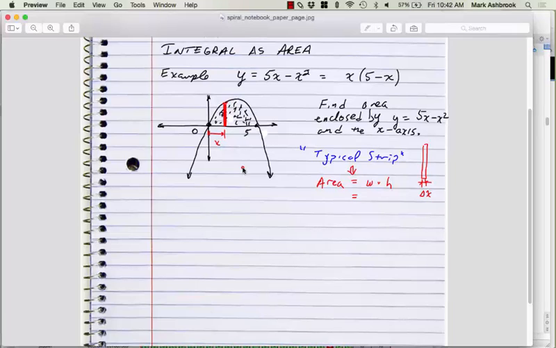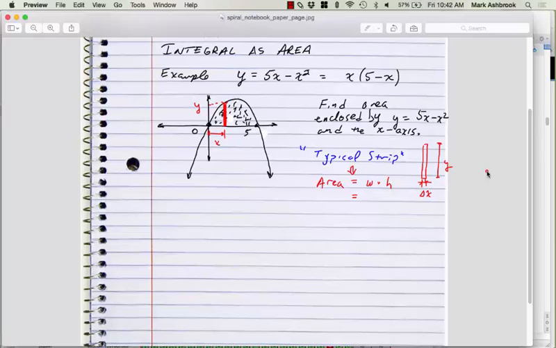And what is the height of this strip? The height of this strip literally is the y value of that curve. But since we're doing it as delta x, we need that y to be in terms of x.